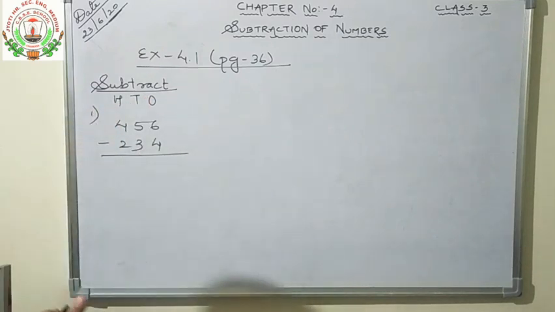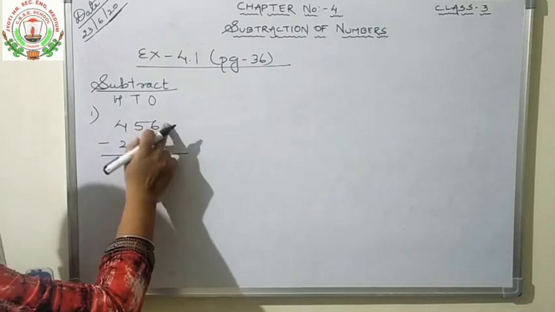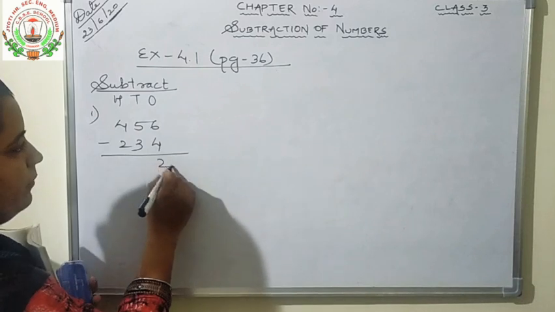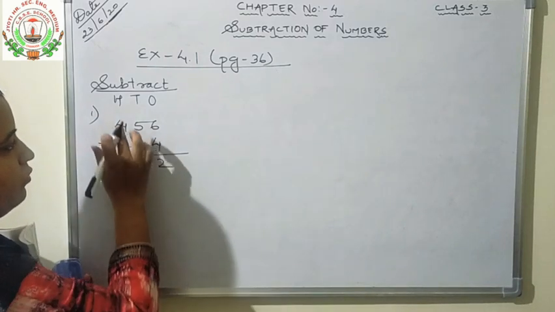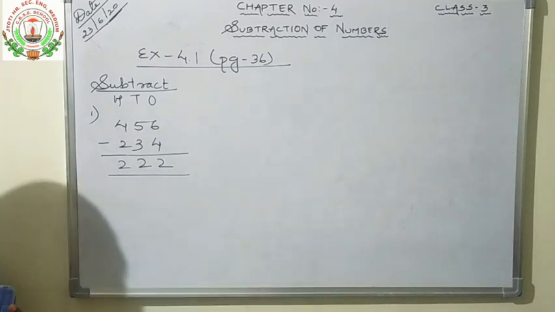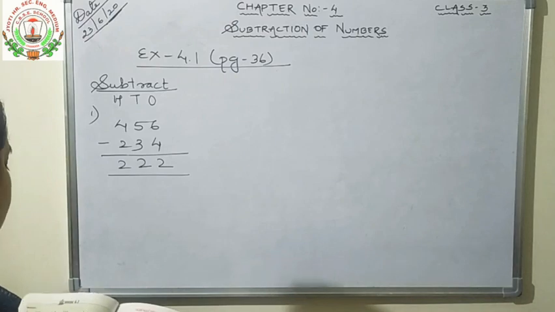Now we will start solving from right to left, from ones to hundreds. 6 minus 4 is 2, 5 minus 3 is also 2, 4 minus 2 is also 2. So our answer is 222.